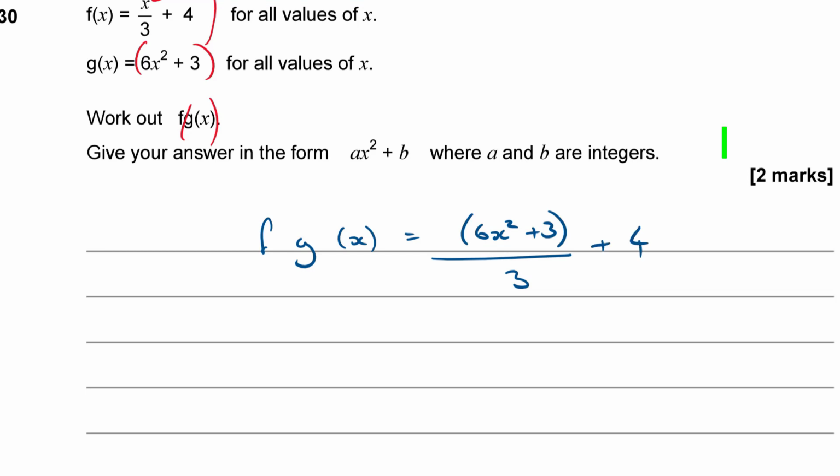You can see what I've got here I've written there where the x is in f of x, and the rest, divided by 3 and plus 4, is there. So fg of x is 6x squared plus 3 all over 3 plus 4. Now it's not quite in the form wanted. I want it in the form ax squared plus b, and I've got a more complex looking thing going on here.